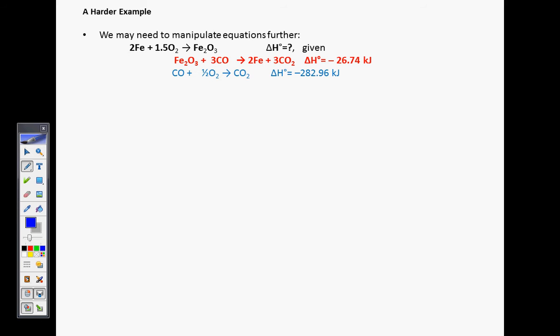Now, the problem with this red reaction is that my iron 2 oxide is on the left of the arrow, and what I want for my final answer is I want it on the right of the arrow. So just like the photosynthesis versus cellular respiration, we flip the entire reaction, and all we have to do is then flip the sign on the delta H.